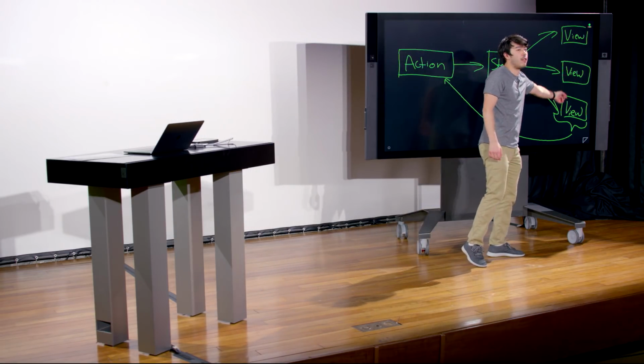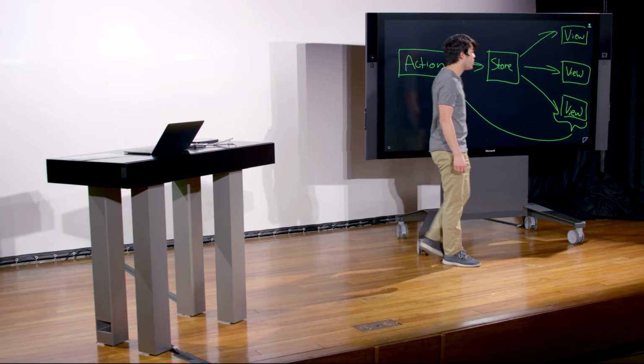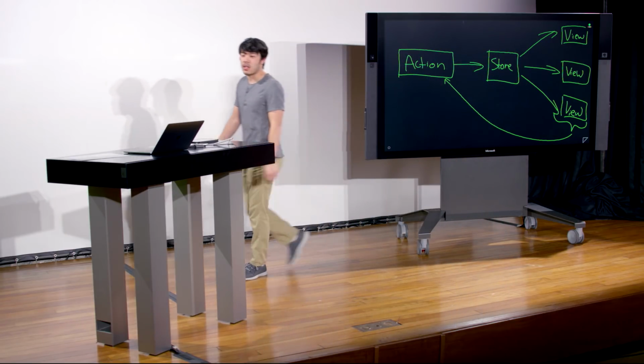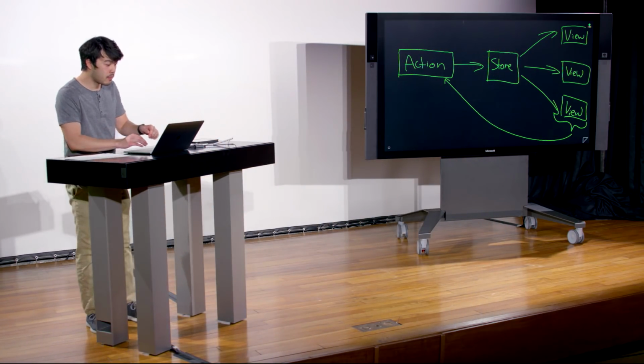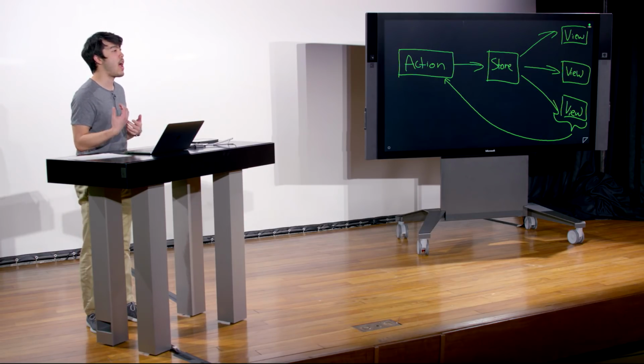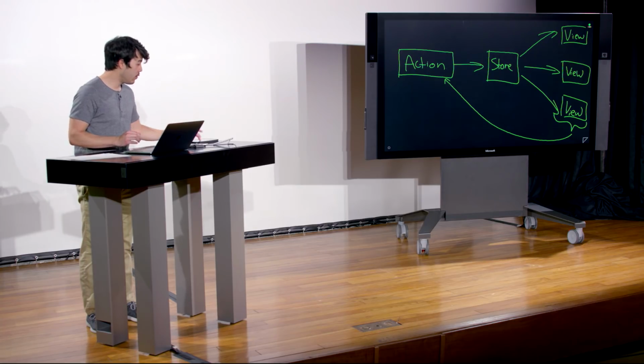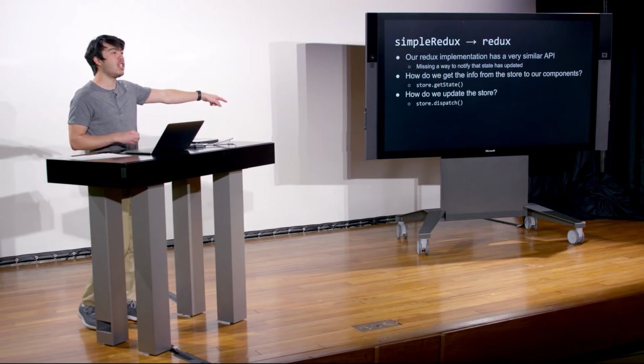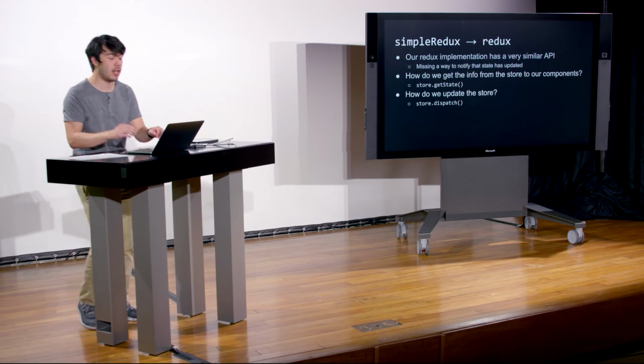Well, we do it from a view, and so we can go ahead and add that action to our view. We need to use store.dispatch in order to send that information to our store, and so let's actually do that.